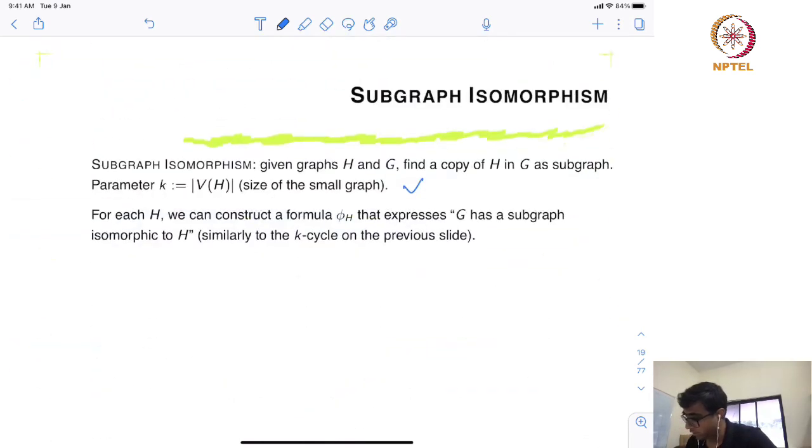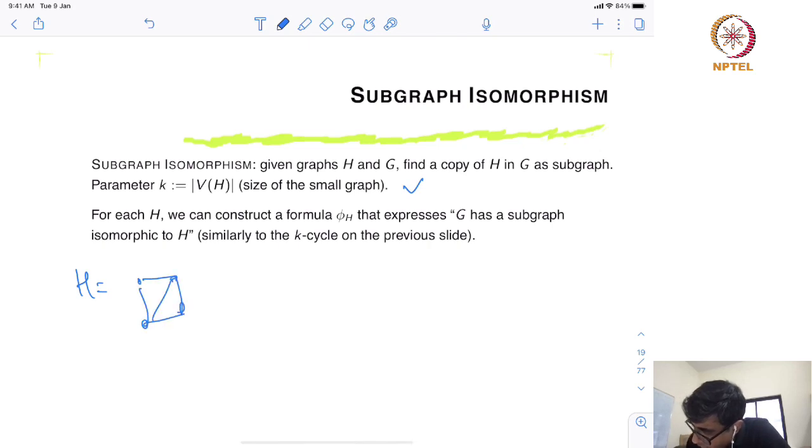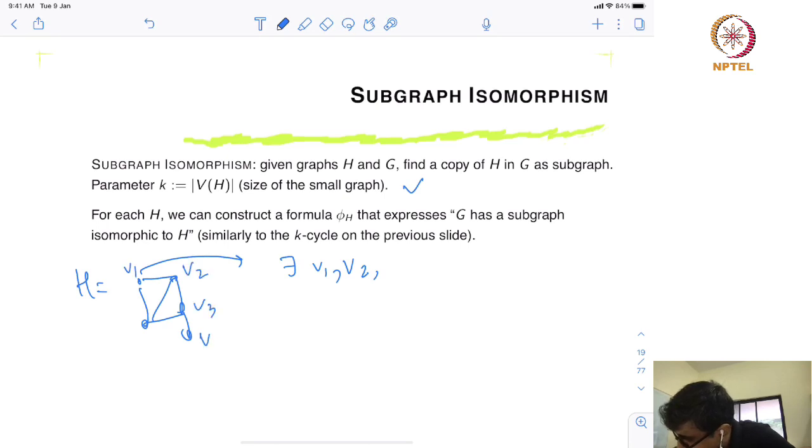So for example, suppose H is this graph. Let's call its vertices W1, W2, W3, W4, and W5.